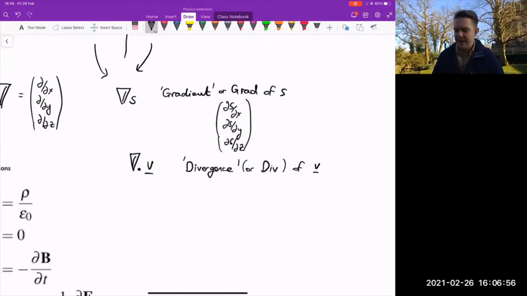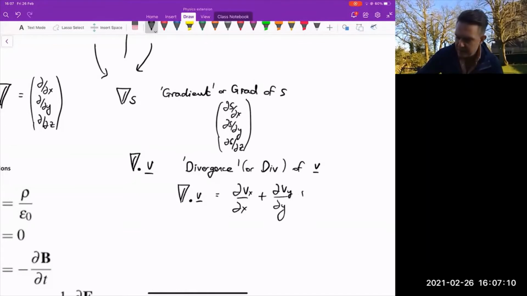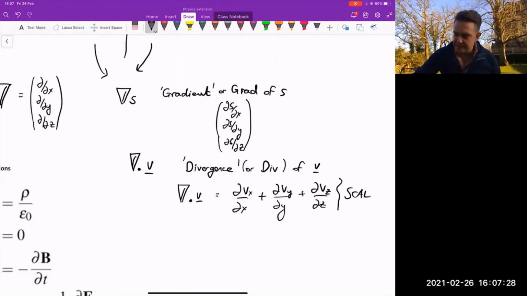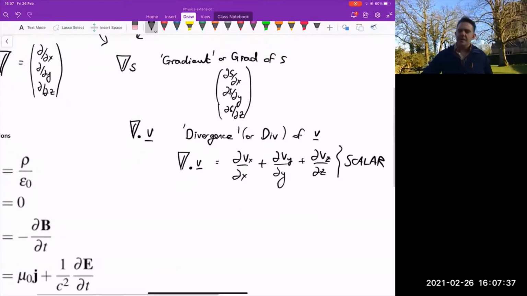You get dvx/dx plus dvy/dy plus dvz/dz, because the scalar product is the product of the x components, added to the product of the y components, then added to the product of the z components. So this gives you a number, a scalar. Hence the name scalar product, because two vectors multiplied together give you a scalar.